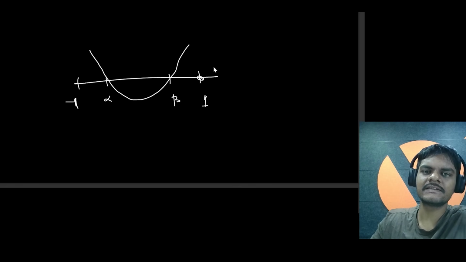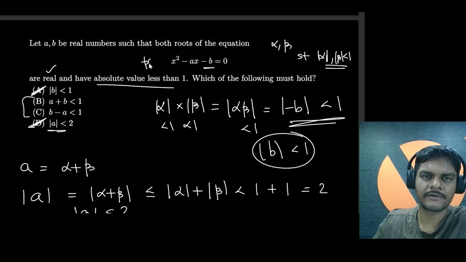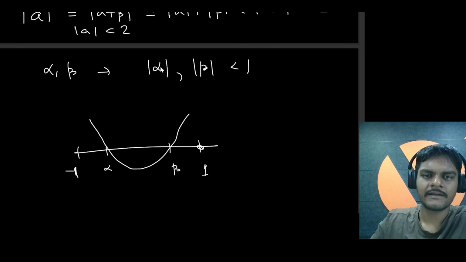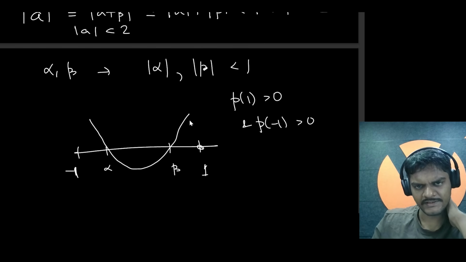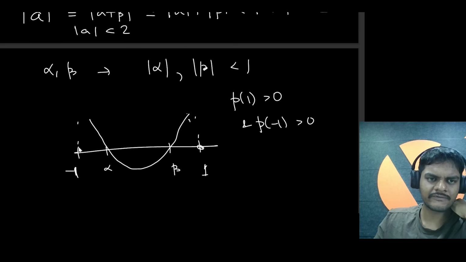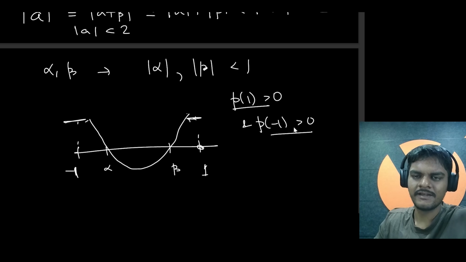Let's say this is P of x. Do you see that P of 1 is positive and P of -1 is also positive? Why? Because of the graph. P of 1 is here, P of -1 is here. It may not be symmetric, it's just the diagram, but I hope you understand this. So what does that mean?